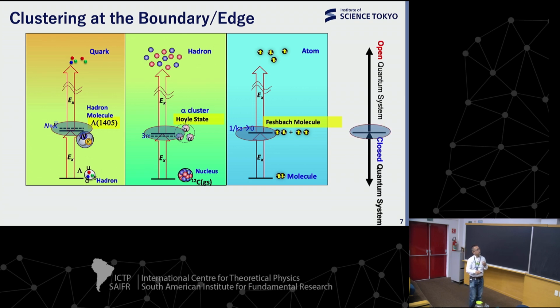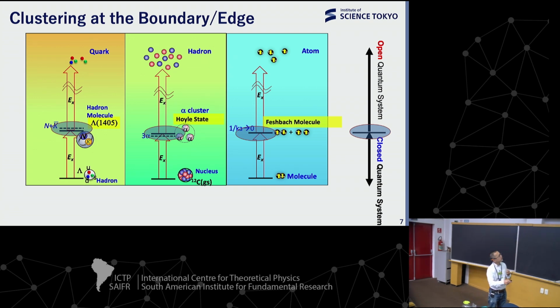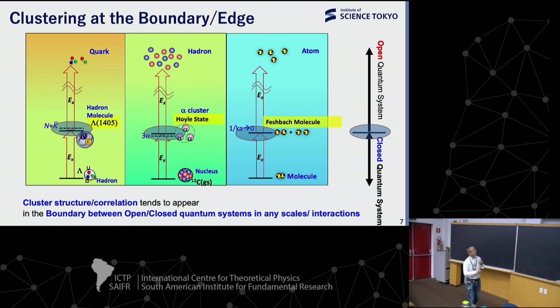So we can also say that this world is closed quantum systems, and this is open quantum systems. So at the boundary of these systems, we see cluster structure or correlations. And it happens at the boundary between open and closed quantum systems at any scale and in any interaction. That's a very interesting point, I think.